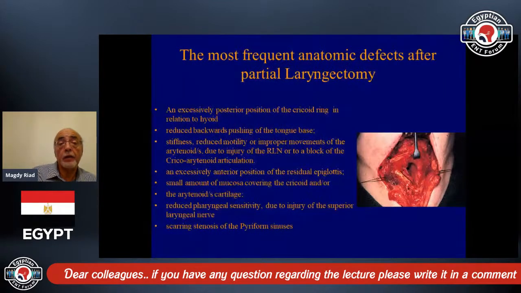You may have a disturbed relation between the epiglottis and the cricoid, or the cricoid itself may be partially resected and you have one arytenoid higher than the other. You may have a smaller amount of mucosa to cover the raw surface and end up having scar tissue and granulation tissue, or scarring in the pyriform fossa. It's very common to have a degree of dysphagia and aspiration after partial laryngectomy.